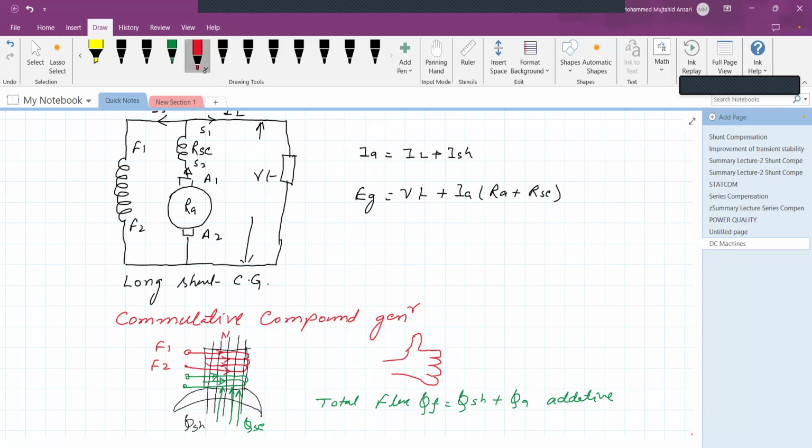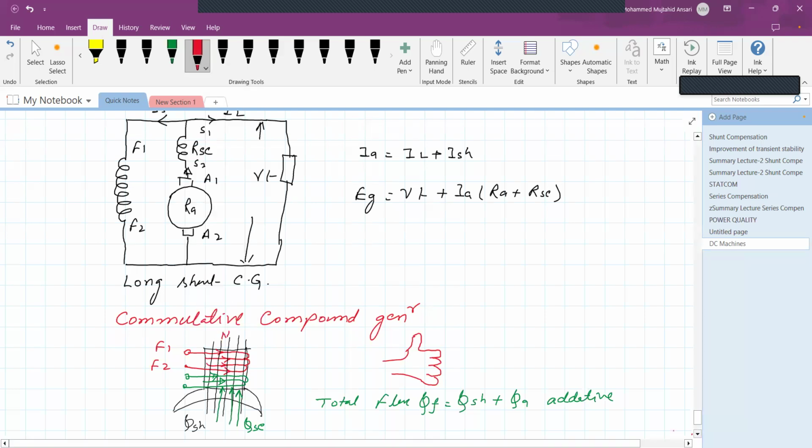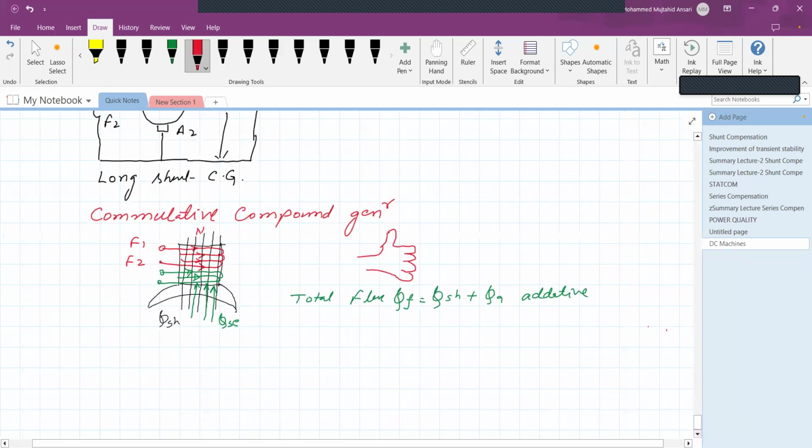Whereas in the case of a differential generator, what happens? Again, this is the structure of the field winding.